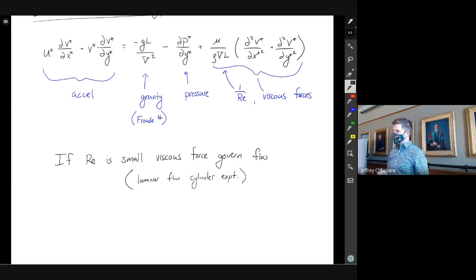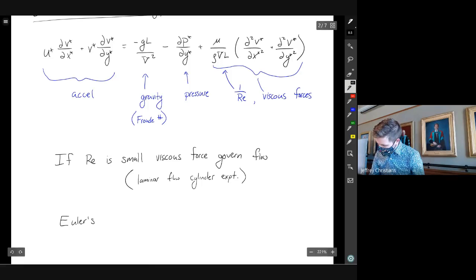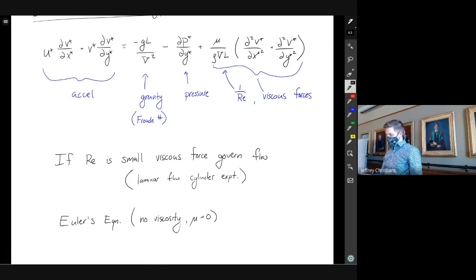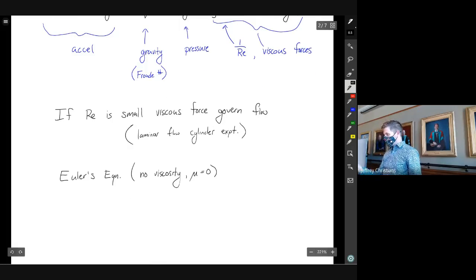Another system that we spent quite a bit of time looking at was what we call Euler's equations. Remember, this was no viscosity. Viscosity equals 0. So no viscosity, frictionless flow.